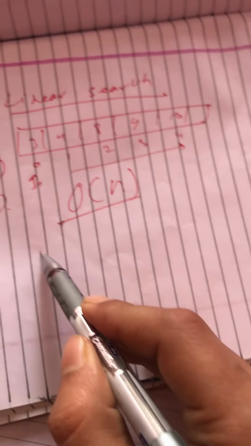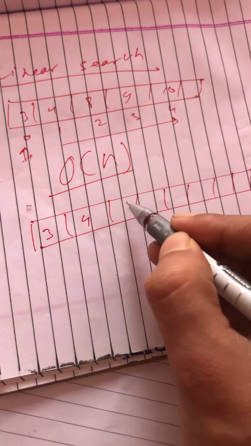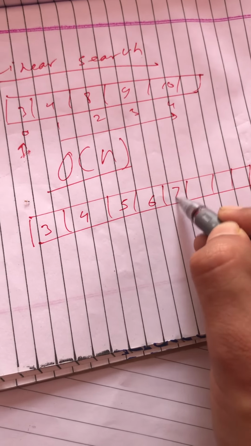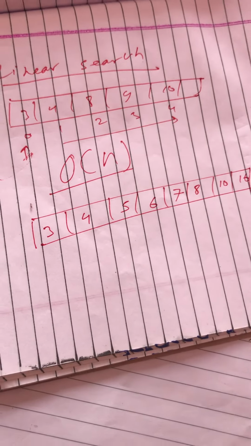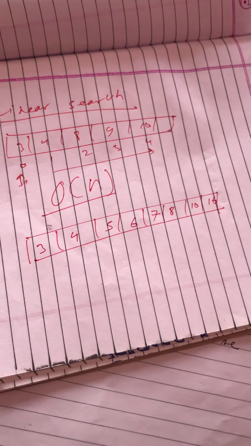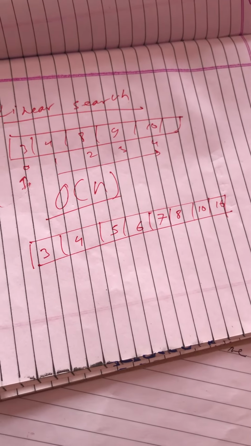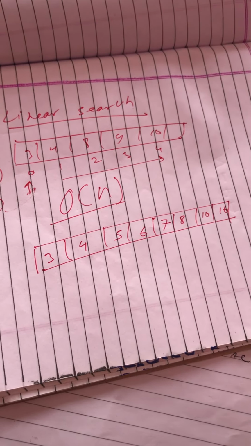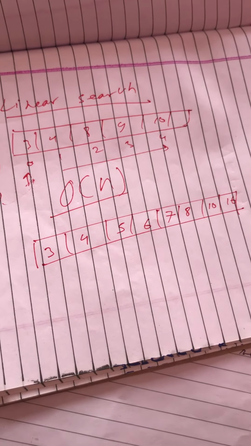For example, let us consider the key values 3, 4, 5, 6, 7, 8, 10, 16. Let us consider we have to search some key value, then it is compared with the middle value of the list.